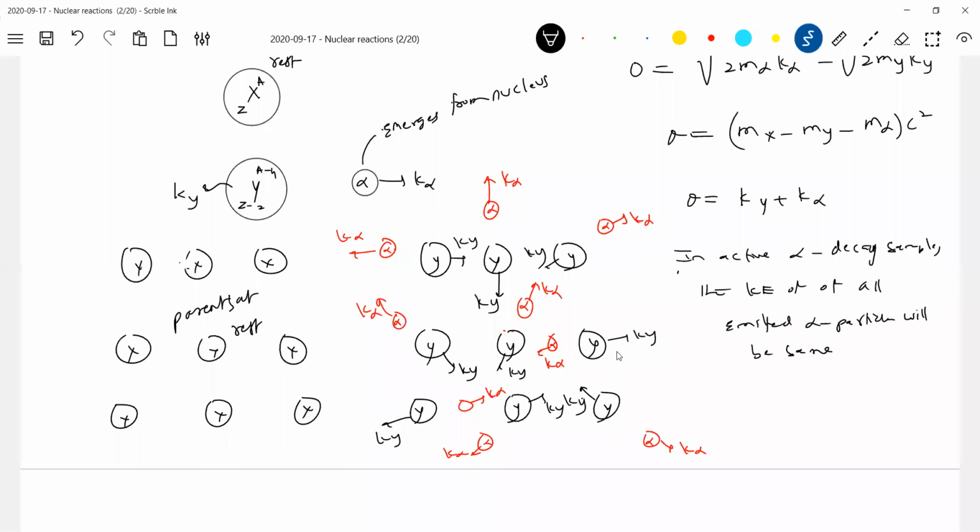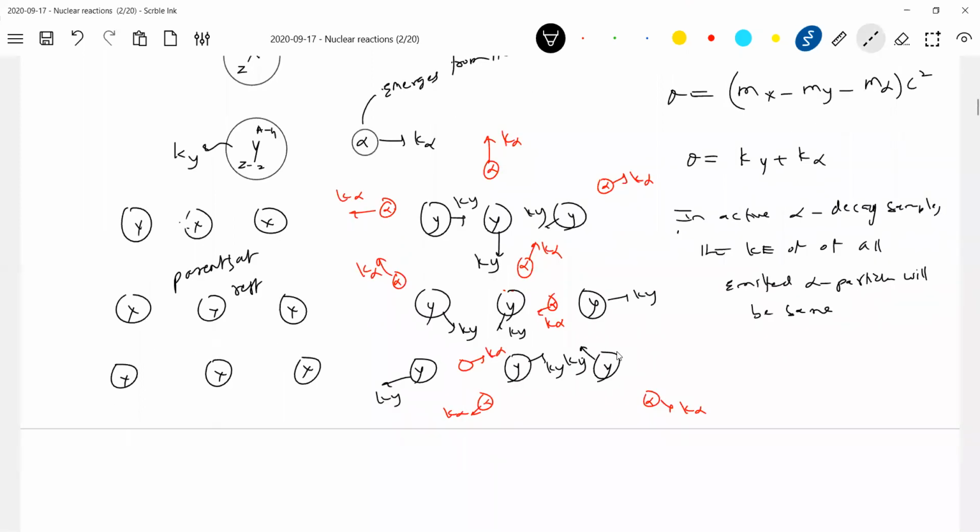So if you go for the graph, if this is the kinetic energy of the alpha particle, this is the number of alpha particles. What should I do? Almost, I'll put a peak like this. Finish, over. All will have the same kinetic energy.